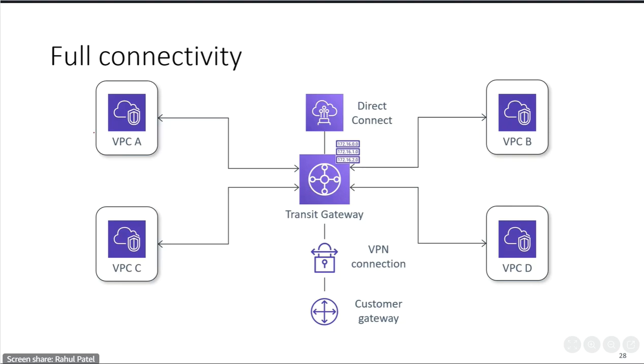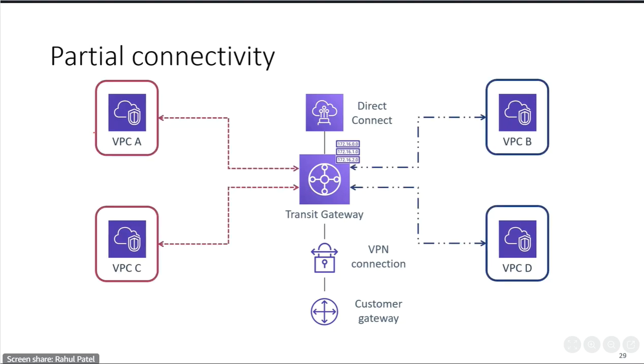That means A can connect with B, B can connect with C, C can communicate with D. So all the VPCs can connect with other VPCs with the help of this transit gateway. Here we also have a Direct Connect and a VPN connection available. So this is full connectivity where each VPC is connected to every other VPC.